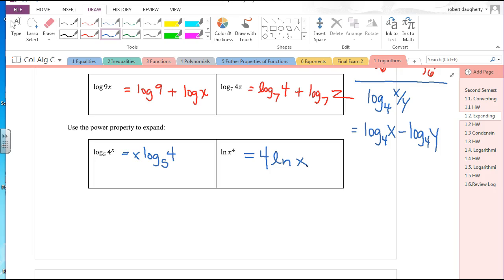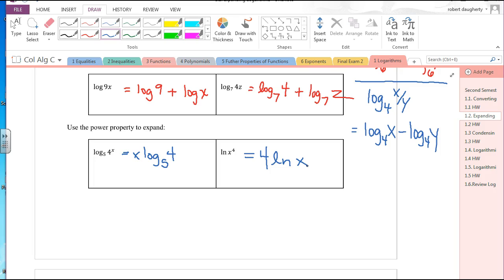Okay, pretty straightforward. So again, I've got 3 rules that I'm using here. I've got product, I have quotient, and I have power. Okay. So the log base b of xy is the log base b of x plus log base b of y.